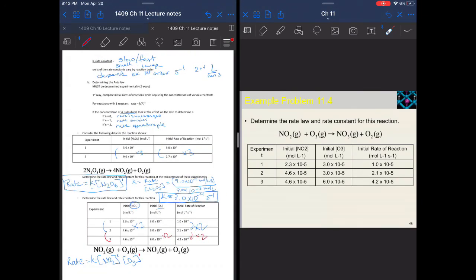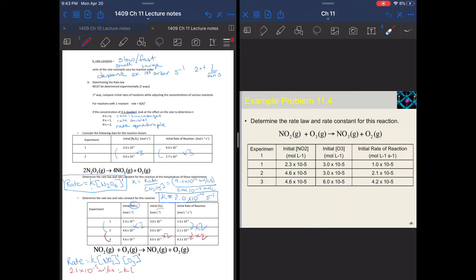Again, if I am asked to solve for K, and I am, then I just need to pick an experiment and plug and chug and solve for K. It looks like I chose in my notes here experiment 2. Why not? We're going to have our rate is 2.1 times 10 to the negative 5th moles per liter per second.